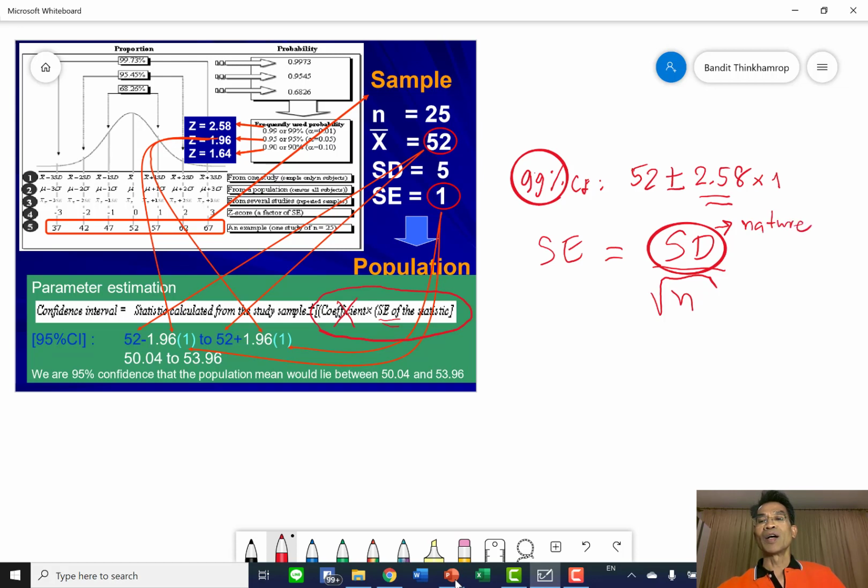If it is wide, high variations, it's always high. We cannot change it. But this is what we can do. If we want a precise estimate, we need to increase the sample size. The larger the sample size, the narrower the confidence interval, and we tend to get conclusive findings.